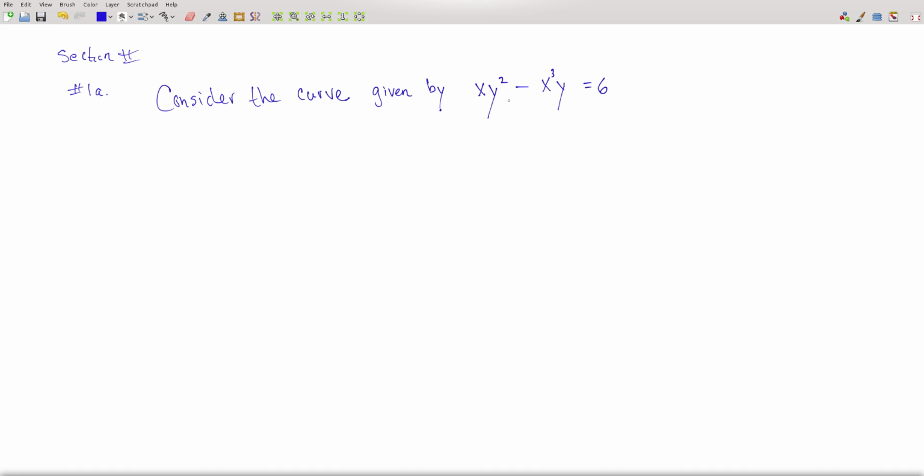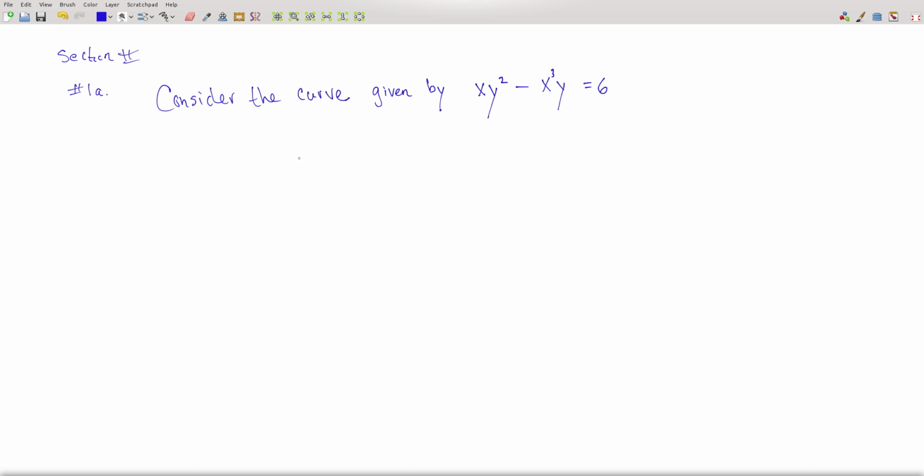There's this relationship between the x's and the y's. The relationship is whatever value of x you choose and whatever value of y you choose, you should be able to plug those values in and get 6. Clearly, not every point is going to do that. So the special points that do that are points that are on this curve.